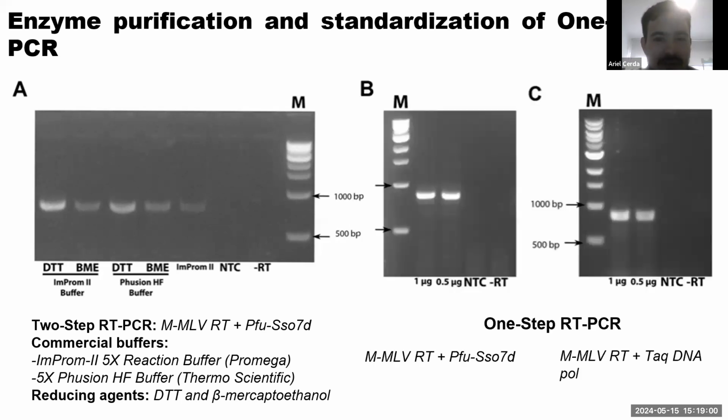Following this, we tested a homemade reaction buffer. In fact, it's a non-proprietary buffer, in a one-step RT-PCR setup using MMLV-RT for cDNA synthesis and either Taq DNA polymerase or Pfu for DNA amplification. We consistently achieved bands of the expected size using different concentrations of total RNA treated with DNase as a template.